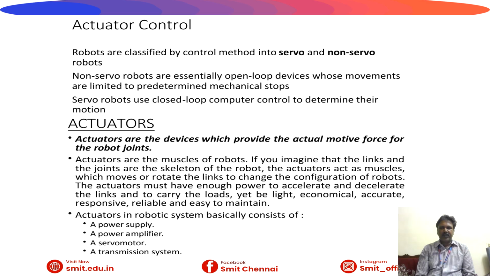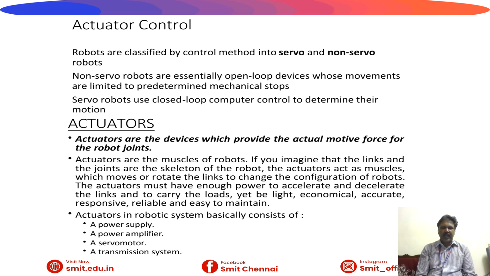Then you will see actuators. Actuators are the devices which provide the actual motive force for the robot joints. Normally, actuators are the muscles of robots. If you imagine that the links and the joints are the skeleton of a robot, the actuators act as muscles which move or rotate the links to change the configuration of the robot.